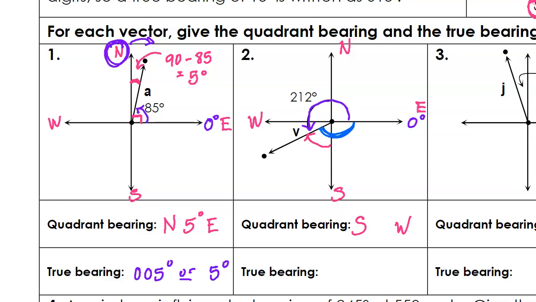But then what would you have to do further? There it is. Yes, Sydney. Instead of doing 360 minus 212, you know that three quadrants add up to 270. So if we take 270 and we subtract that purple angle 212, it will give us the pink angle, our bearing angle.